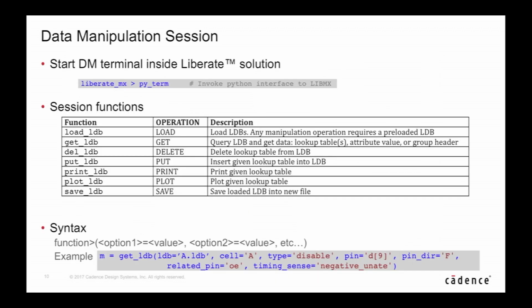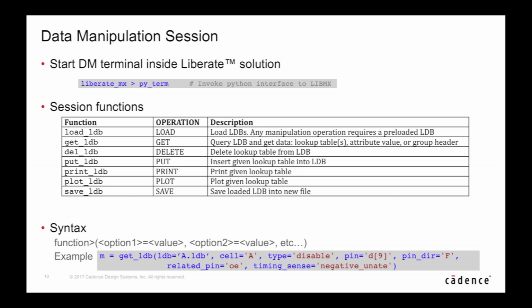As I was mentioning, we offer a Python interface to accessing the data that we generate, and through this interface we provide some of the basic functionality, such as the ones that are listed: loading an LDB, getting a match, deleting, adding, printing items, and obviously saving and visualizing the data.